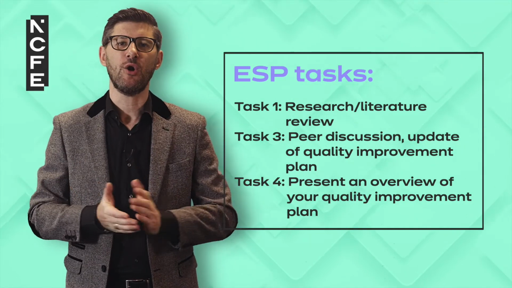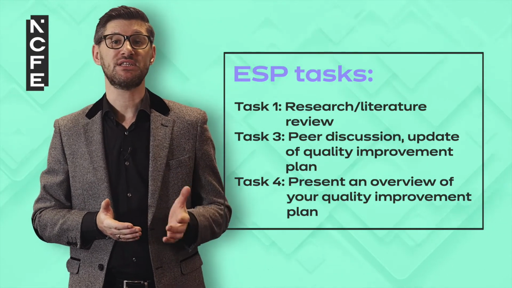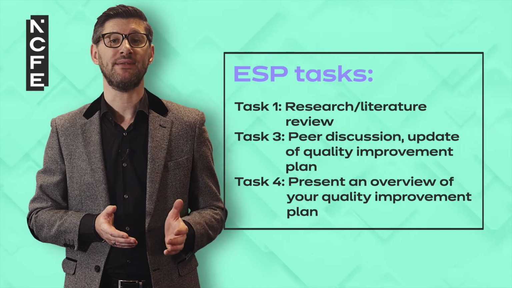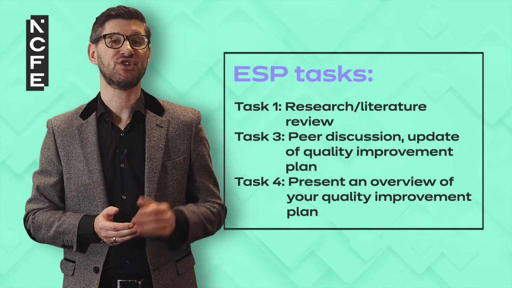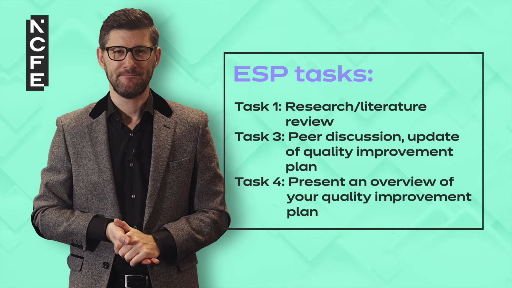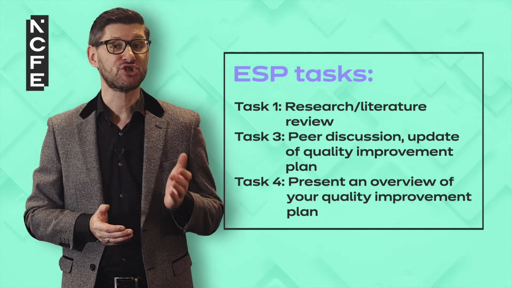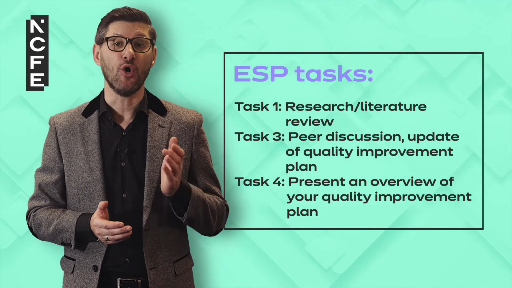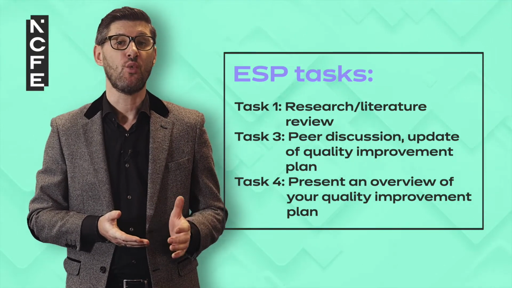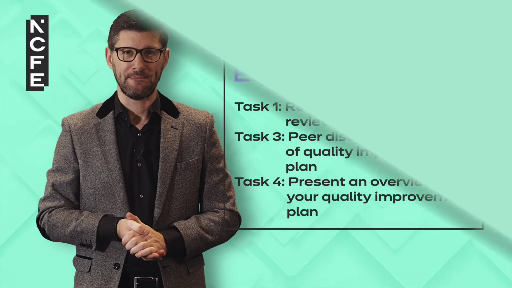Peer discussion and update of quality improvement plan, in which students provide and receive feedback about their research findings and quality improvement plan, and act upon it to produce a summary of how they will update the quality improvement plan. A presentation of quality improvement plan, in which students are required to present an overview of their quality improvement plan during a discussion with a tutor who will assume the role of a department manager.